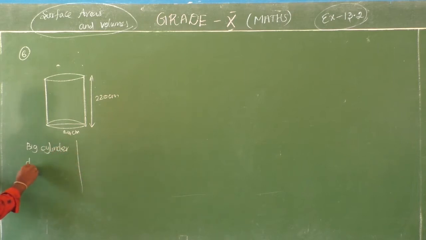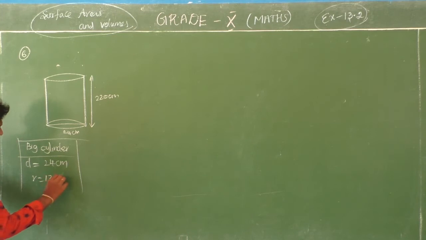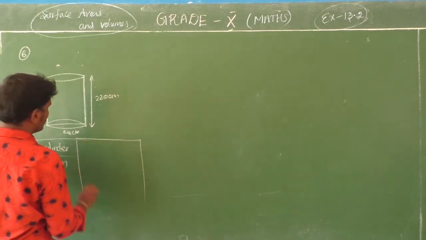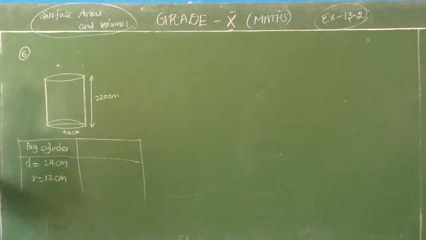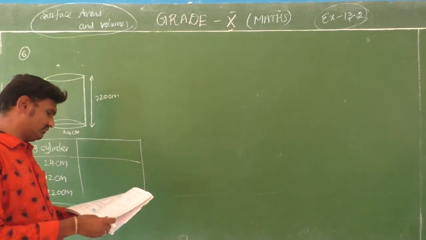It has a diameter of 24 cm. Then what will the radius be? Half of the diameter, it is 12 cm. And the height of the cylinder is 220 cm.